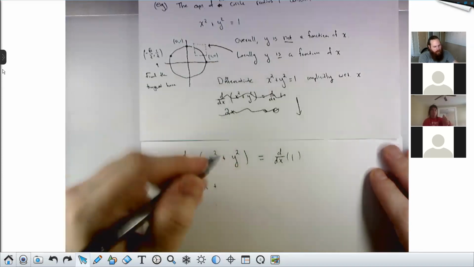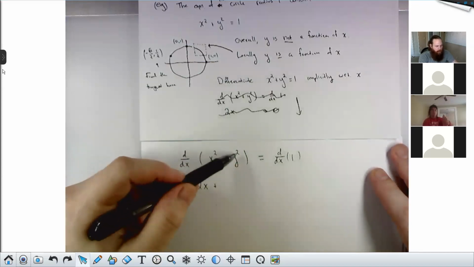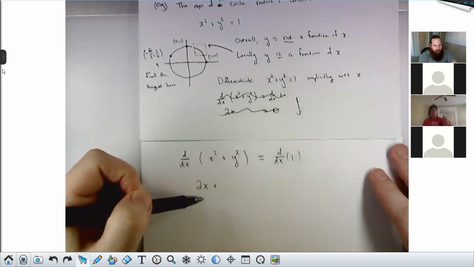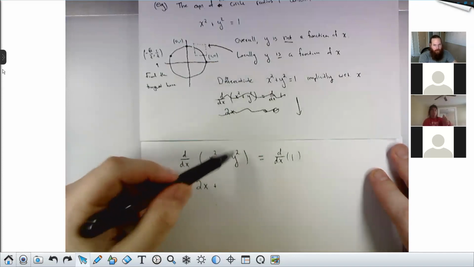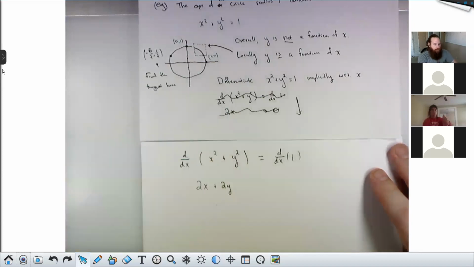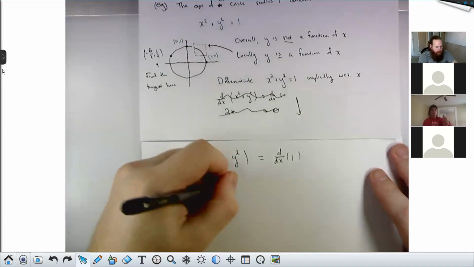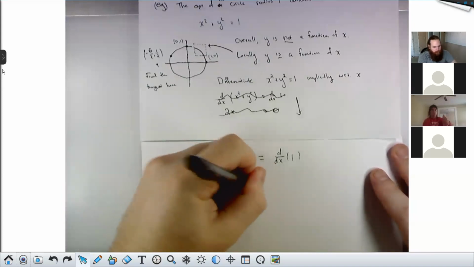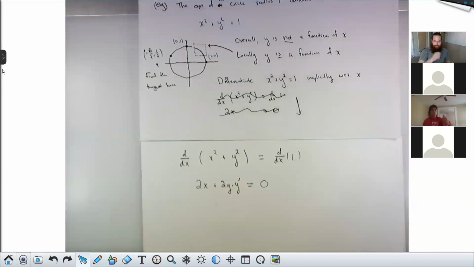Well, I can apply the chain rule here. So I'm going to think of y as my inner function, and it depends on x. And I'm going to think of the squaring function as my outer function. So I'll get 2y, but then I need to multiply by the derivative of the inner function, which is y prime. And on the right-hand side, d/dx of 1, like we said before, that's 0.